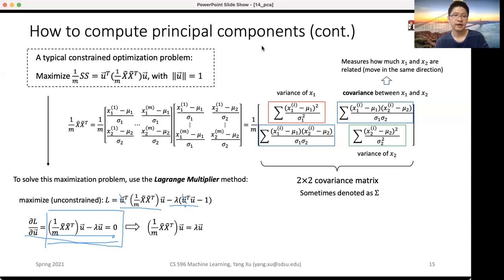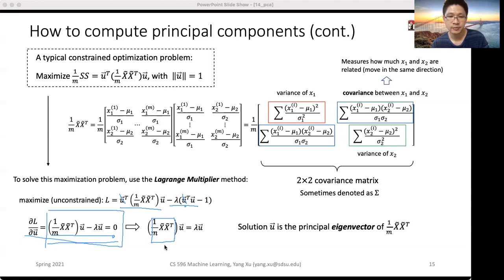And if we simplify it, moving lambda times u to the right, then we have something like this. This equation is actually the definition of the term eigenvector in linear algebra. So this is the definition of the eigenvectors for this matrix within this chunk.